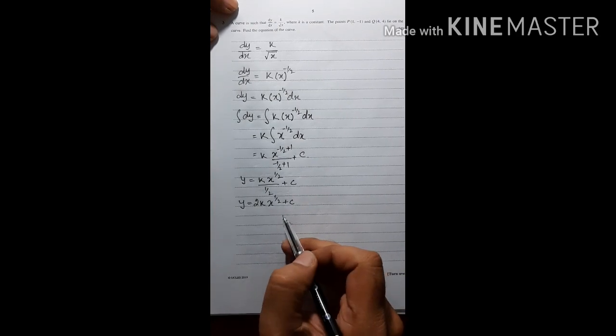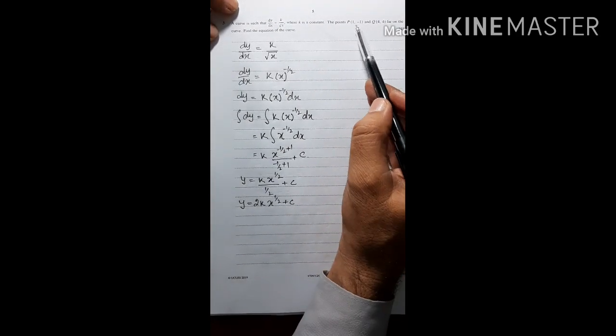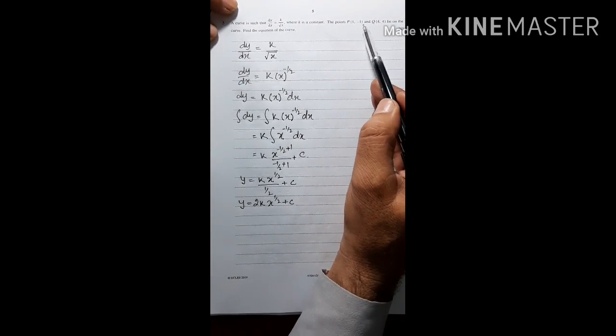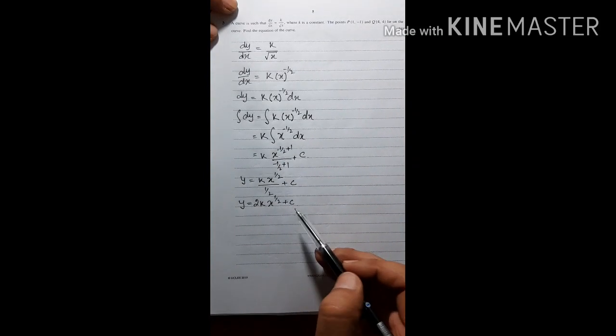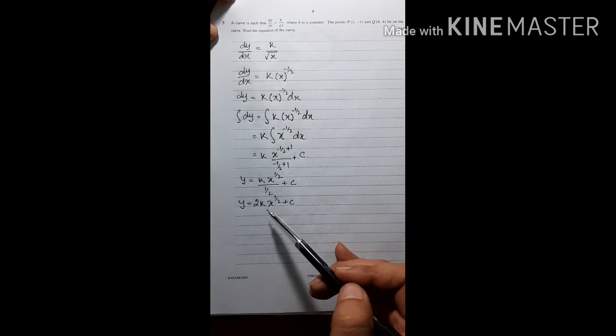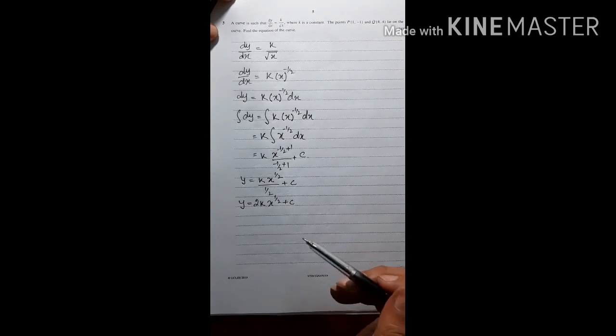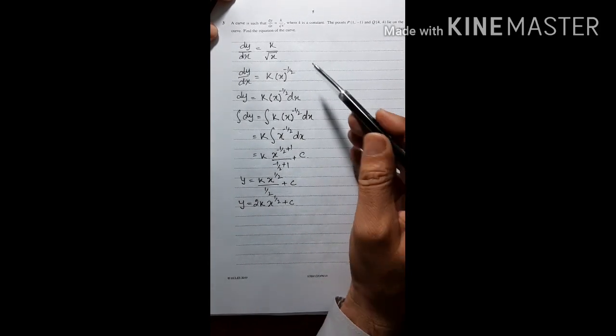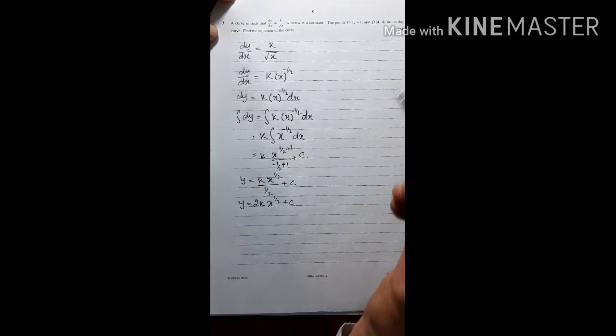Okay, now I'll put this point P(1, minus 1) here, so I can get the value of k and c after getting two equations. I'll have to put these 2 points.